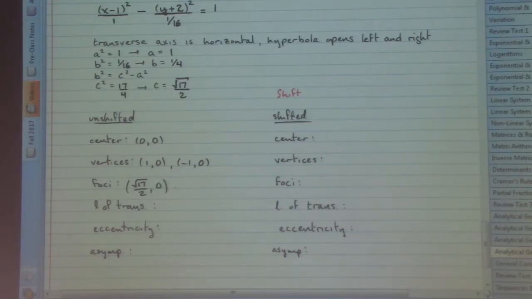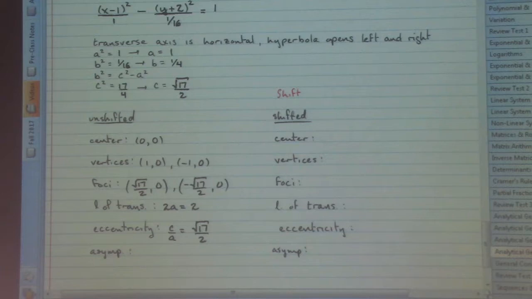So (square root of 17 over 4, 0) and (negative square root of 17 over 4, 0). The length of my transverse axis is 2 times a, which is 2 times 1, which is 2. My eccentricity is c over a, and c over a in this particular case will just give me the square root of 17 over 4.